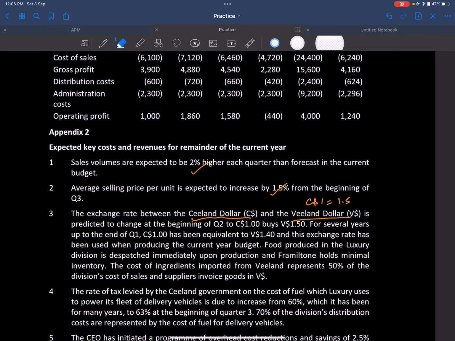Food produced in the luxury division is dispatched immediately upon production, and Framiltone holds minimal inventory. Okay, let's just say a bit of a lean system, right? And the cost of ingredients imported from V-land represents 50% of the cost of sales, and suppliers invoice goods in V-land currency, right?